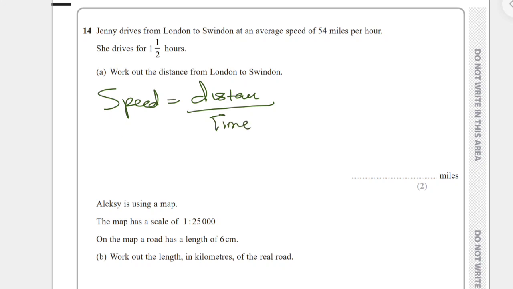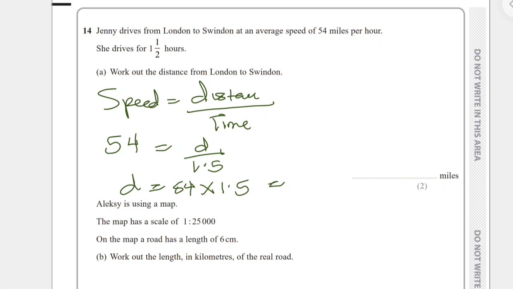The speed here is 54, the distance we don't know, over the time, 1.5 hours. So distance equals 54 times 1.5, which equals 54 plus half of 54, which is 27.